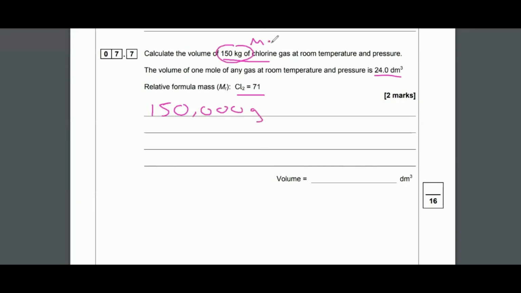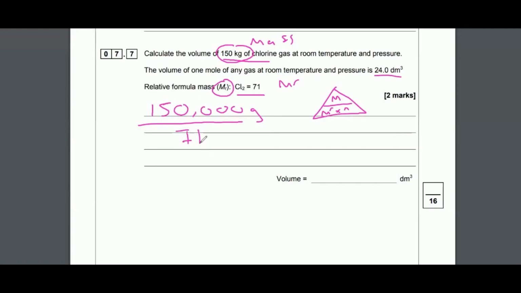So we know we have 150 kilograms. I want to change that to grams. And then I need to work out how many moles I've got and then times that by 24. So 150,000 over 71 is going to give me my moles of chlorine gas. Each mole of chlorine gas takes up 24 decimeters cubed, which is 24 liters of space.